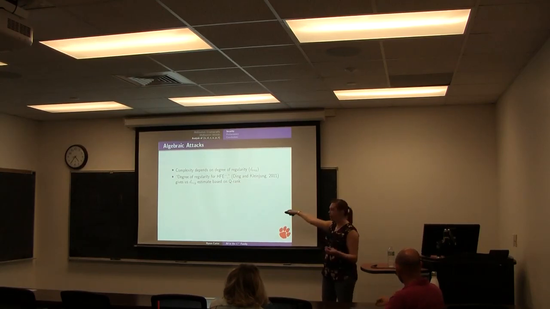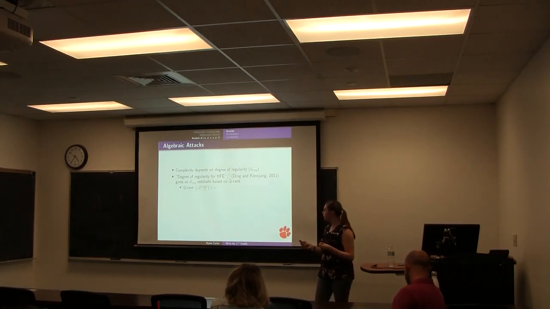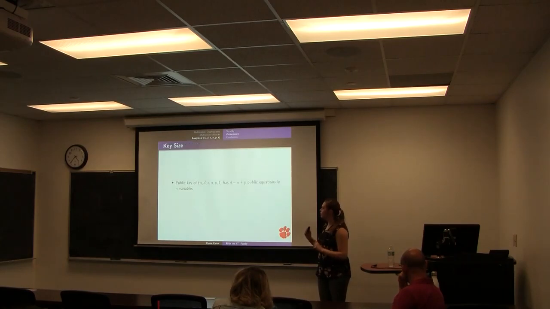We know what our Q rank bound is, and that estimate is from degree of regularity for HFE minus. This is what we found our Q rank bound to be. So we can use what was given in that paper to have an estimate on our degree of regularity. And then from the degree of regularity, we have an estimate of the complexity of solving the system via algebraic attacks. All right, I'll put all of those numbers again at the end.